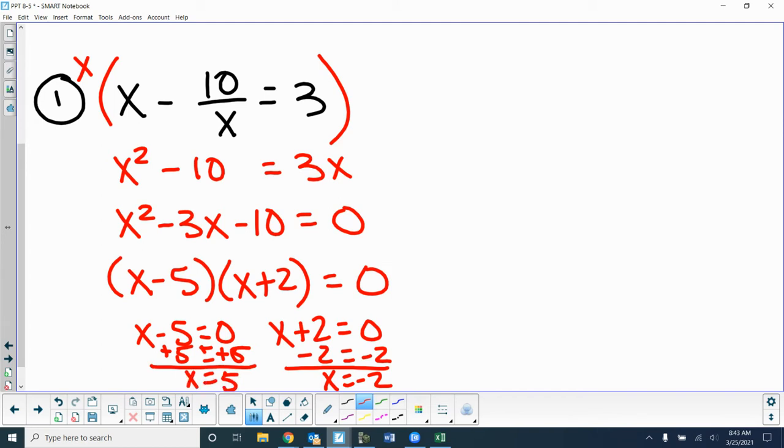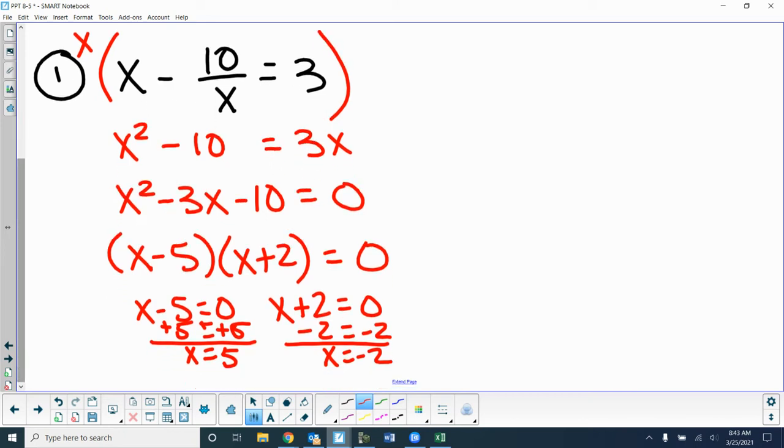Now, if I substitute 5 there, is that okay? Yeah. If I substitute -2 there, is that okay? Yeah. So both of those work. Some of you had crossed out one of them. Okay, they both work. What's 10 divided by 5? 2. What's 5 minus 2? 3, right?